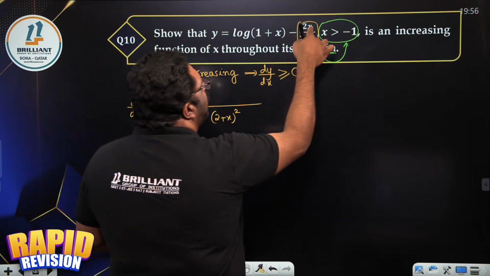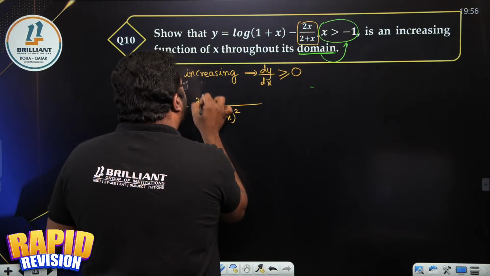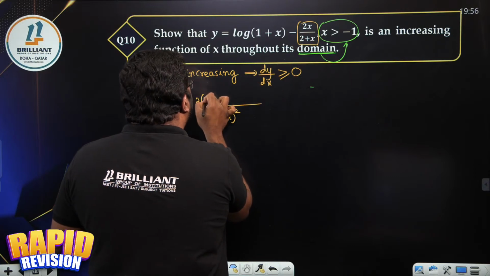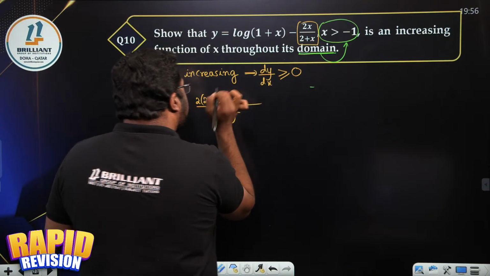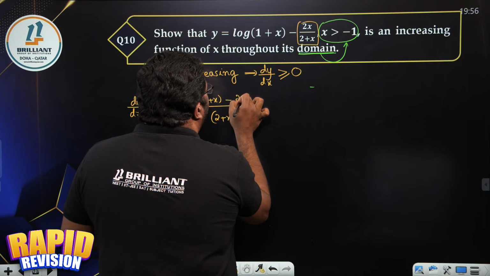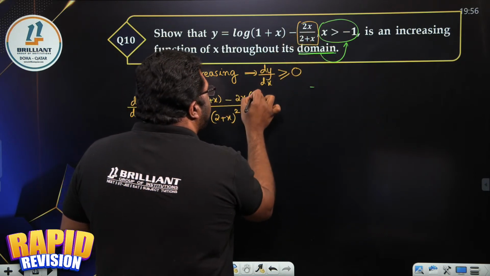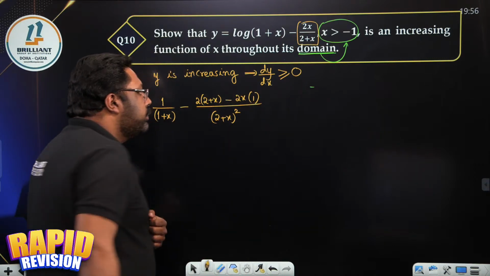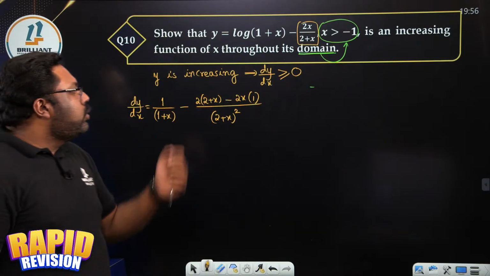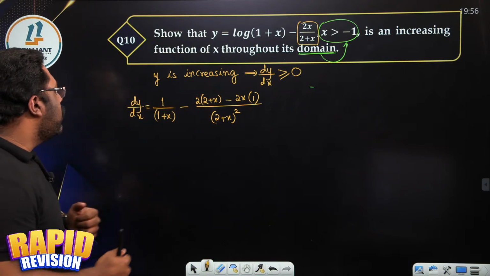Numerator is u dash 2 multiplied with v 2 plus x minus u 2x multiplied with v dash 1. 2 into 2 plus x minus 2x into 1.